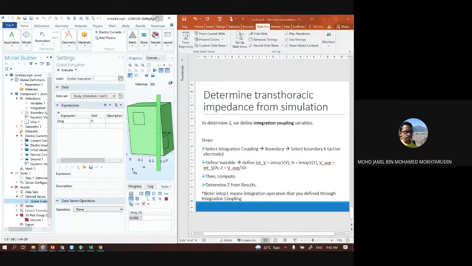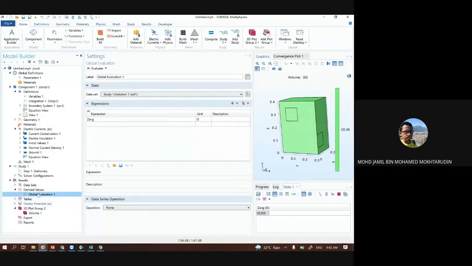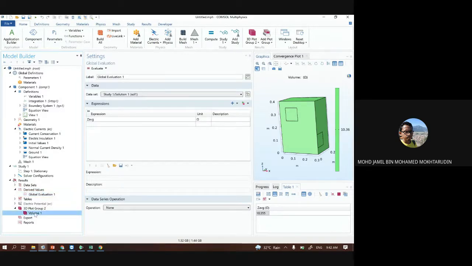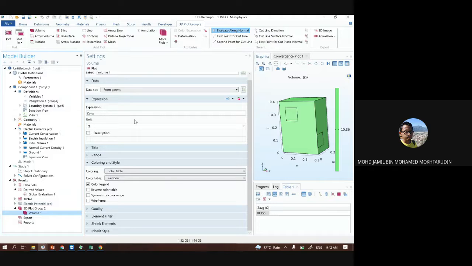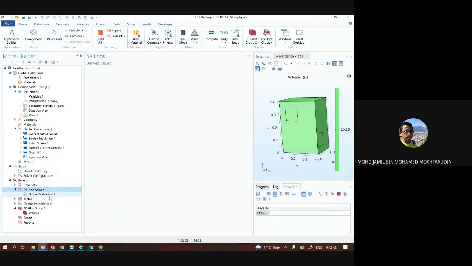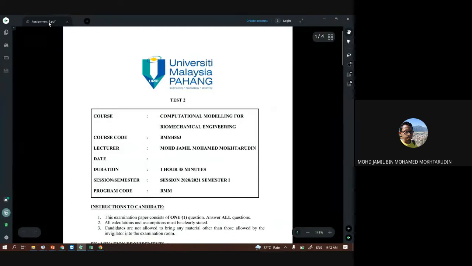So that's it for today's class. Try the tutorial, and I hope you can explore the plots and the derived values, because in your test you will be tested on how to plot something and how to calculate something. After you go through the tutorial, you can try assignment number 4.